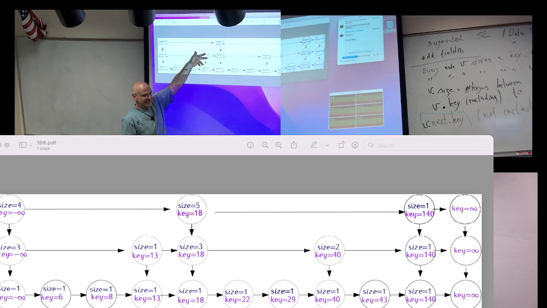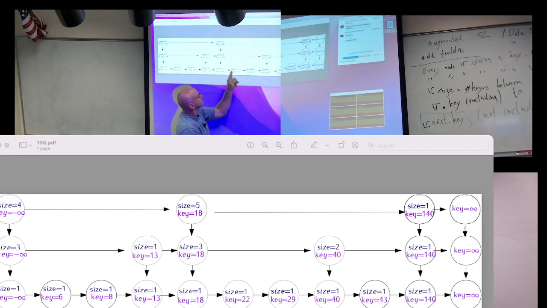Remember, don't confuse: V is not a key, and it's not sorted. V is a node in the skip list. It's a disk like this. V dot key is a value stored right here. V dot next is the next node. V dot next dot key is a key value. If V is this guy, then V dot next dot key is 18.